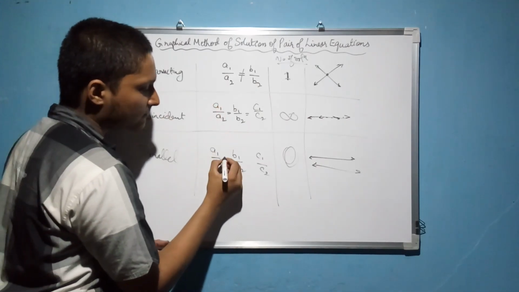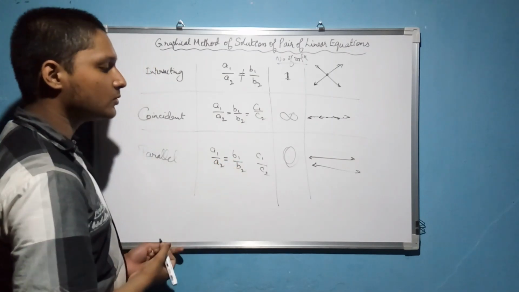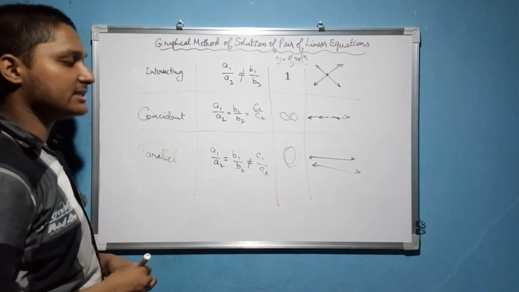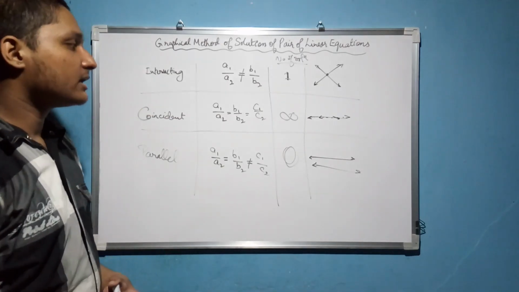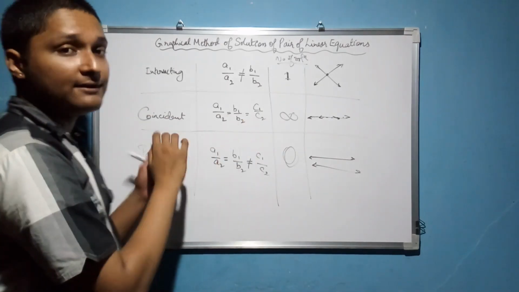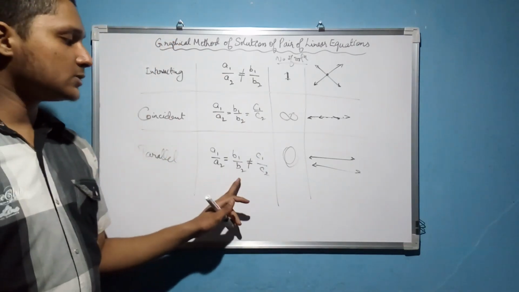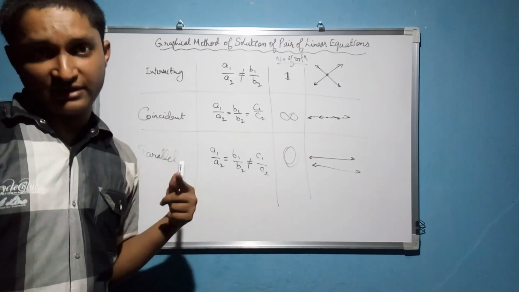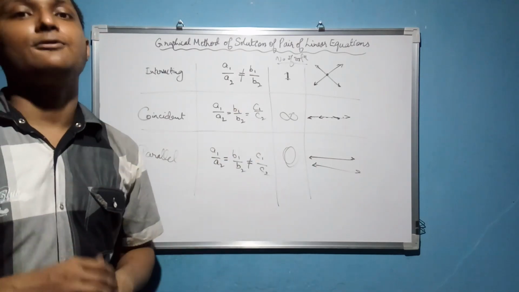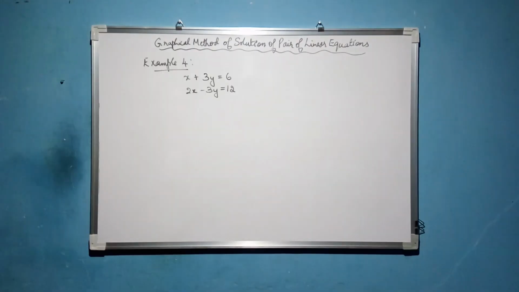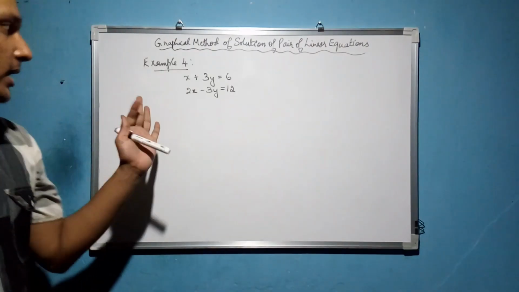Here it is a1 by a2 equals b1 by b2, but not equal to c1 by c2. Before, everything was equal, so it was coincident. If the first two are equal and the third is different, then it is a set of parallel lines.